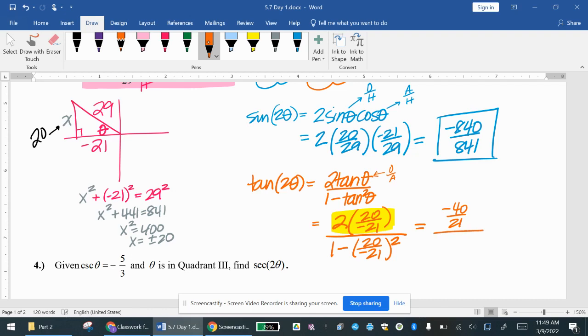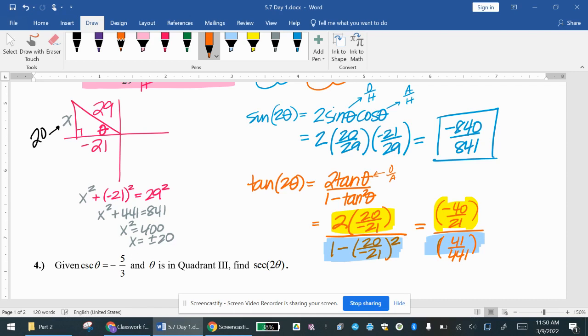And then go ahead and put the stuff from the denominator. I'm just double checking my work. I'm going to put that in parentheses. Okay, so now I'm doing the denominator. Okay, and I got 41 over 441.